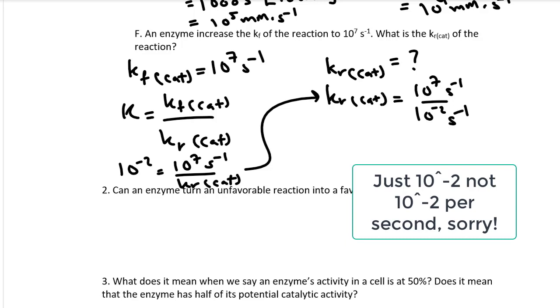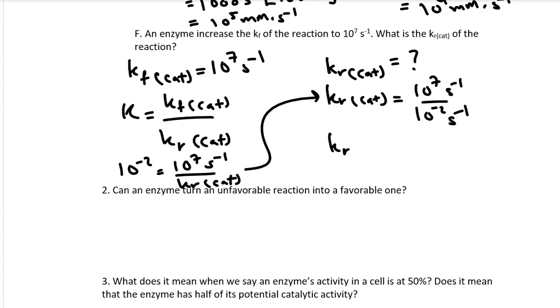And what I'll get is kr cat equals 10 to the 9 per second. This works out because if I plug in 10 to the 9 right here, I get 10 to the minus 2, which is my equilibrium constant, right?